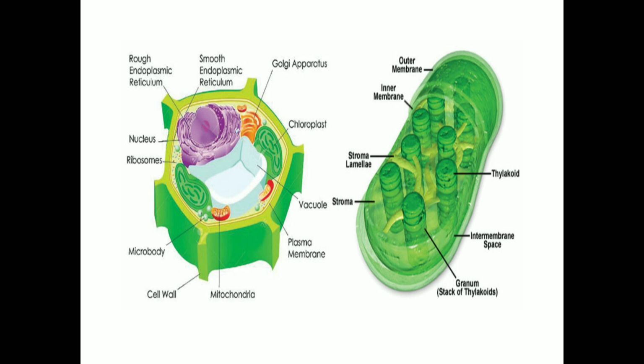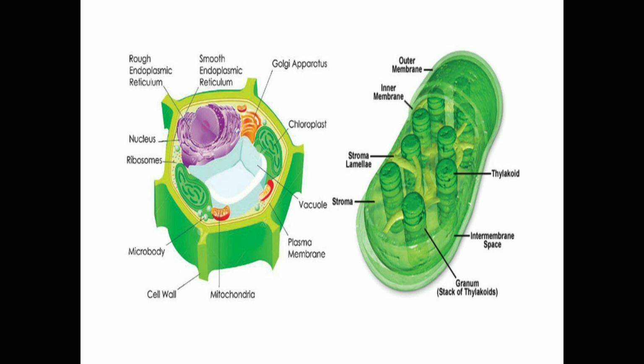This is also the structure of chloroplast, in magnified form, as we can observe under the microscope. As we discussed earlier, this chloroplast also consists of a double membrane structure. Both are smooth and stretched.